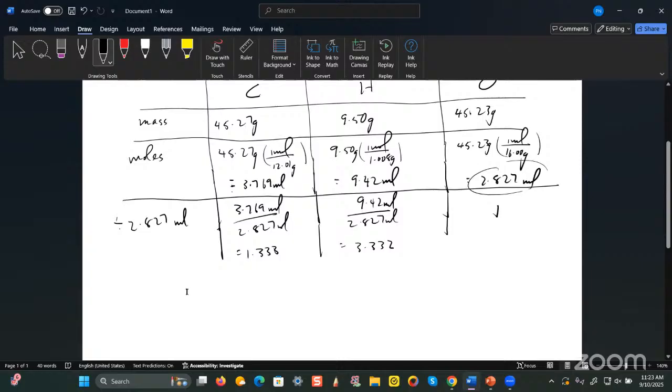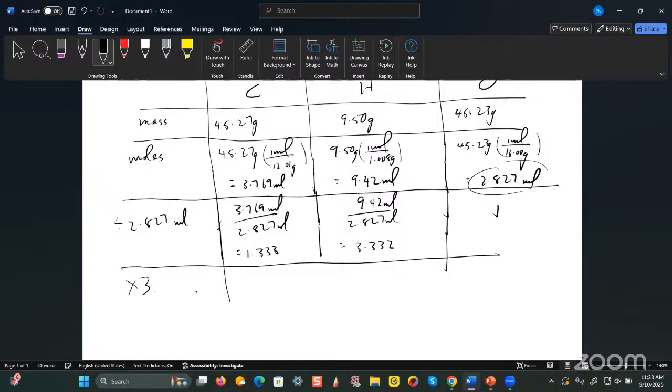So the question now becomes, okay, what do we do at this stage? And in this particular case, what we do is we try to identify an integer that when we multiply each of these numbers by that integer, you're going to get a number that is close to an integer. And it turns out that the number that you multiply this by would be 3, right? And I'll explain why I know it's 3 later on.